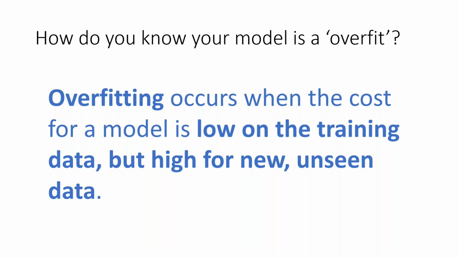If that kind of situation is there, where you trained first and then you took some more data points and checked, and the cost is more now, immediately you know that your model is an overfit model. So overfitting occurs when the cost for a model is low on the training data but high for new unseen data.